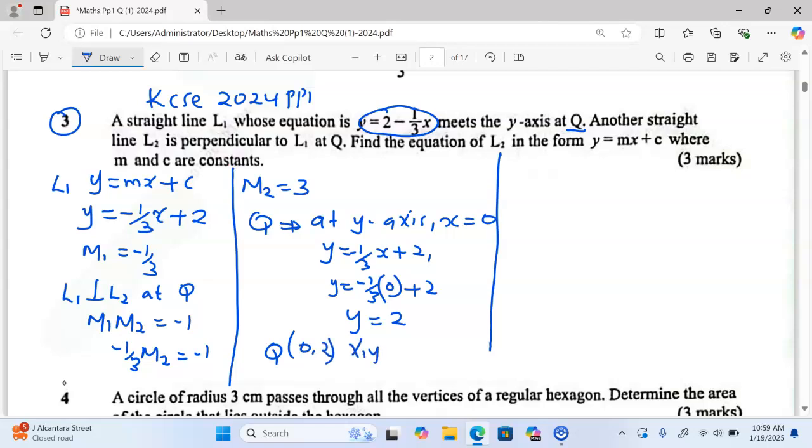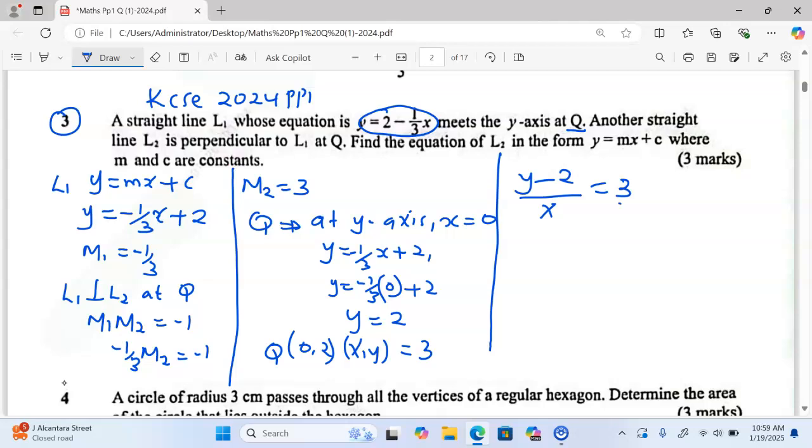We pick another point (x, y) and the gradient, which is 3, to get the equation. To get the equation, we take y minus the value of y, which is 2, divided by x minus the value of x, which is 0. That gives us x, and this one will be equal to 3.